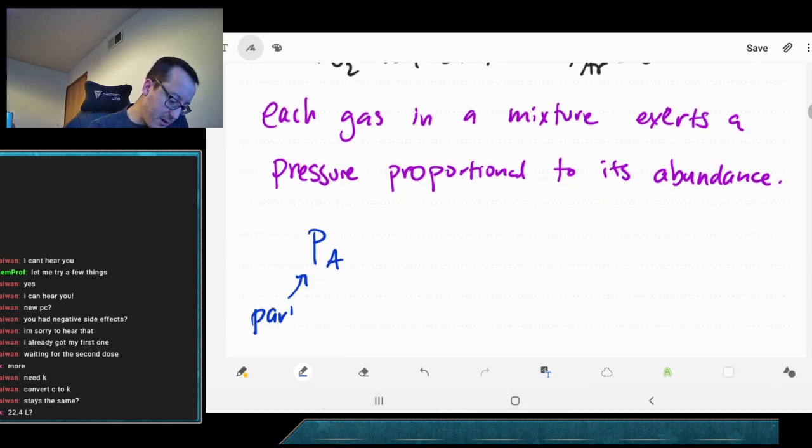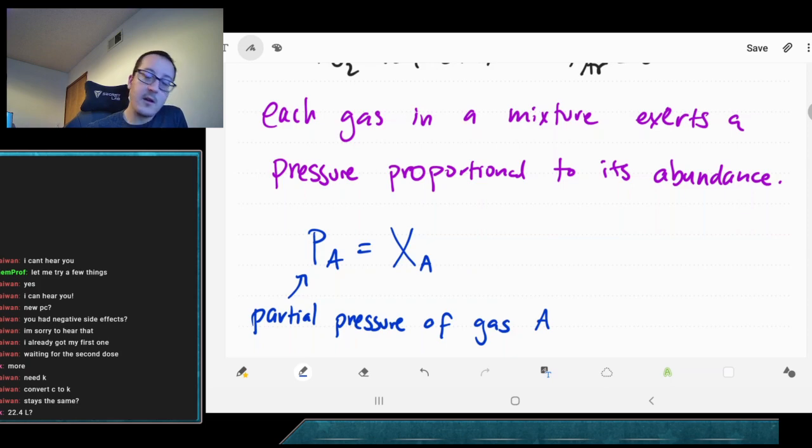The partial pressure of gas A, whatever that gas happens to be, is something called the mole fraction of A, which we'll have a look at, multiplied by the total pressure. This is called the mole fraction of A.